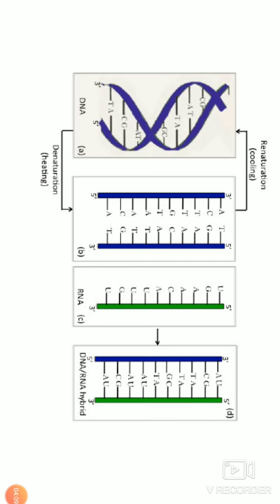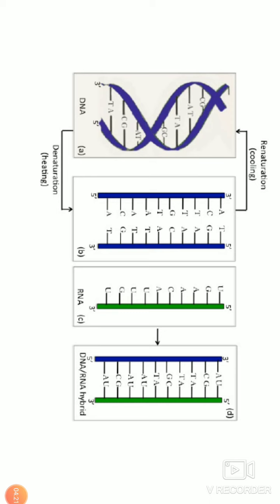In between this process, you put in your probe of interest, which contains the sequence complementary to what you are searching for. See, in this slide, the first is the normal DNA. When you heat it, it will denature and separate.